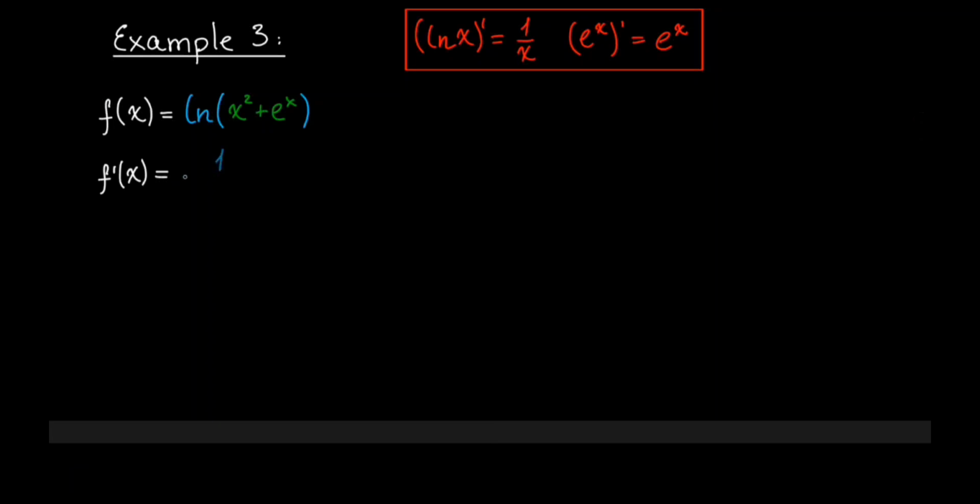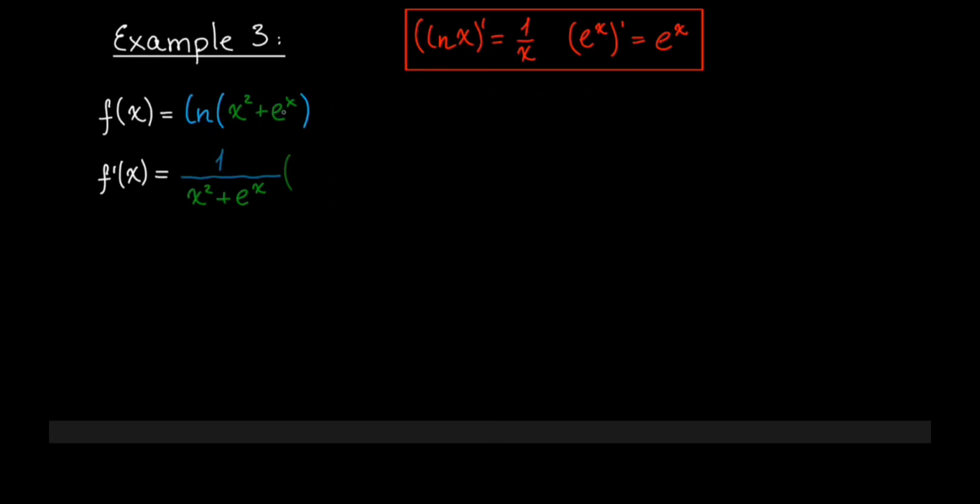Firstly, the derivative of the natural log is 1 over, and everything inside the parentheses we just copy paste, so 1 over x squared plus e to the x. However, since we do have a composite function, we have to multiply this by the derivative of the inside.